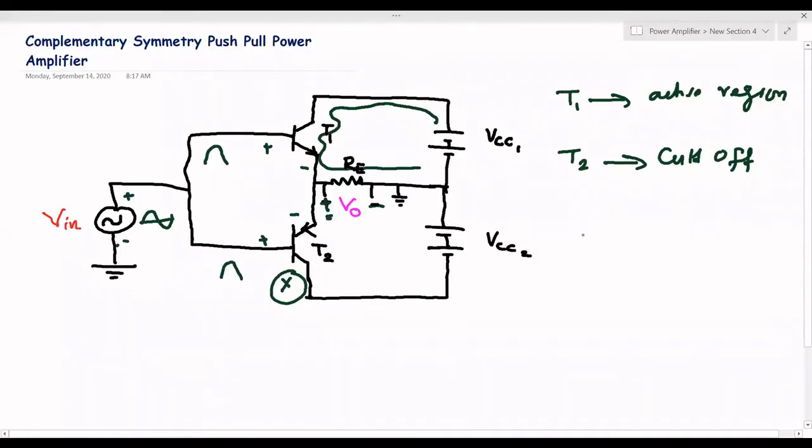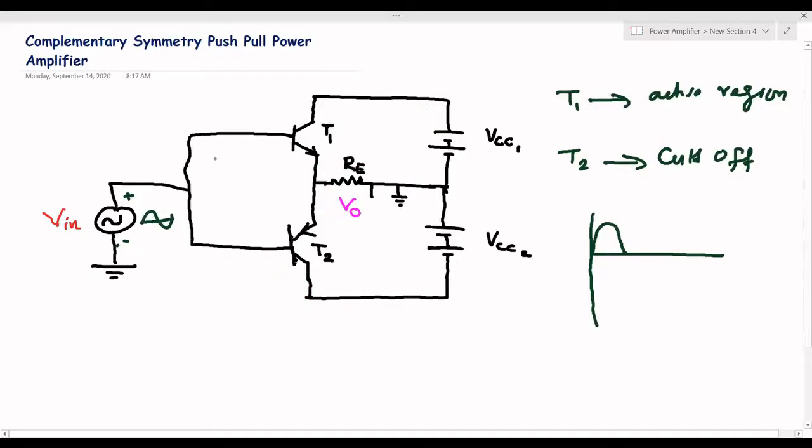So when the input is going positive, the output across the emitter resistance is also going positive. There is no phase difference between the input and output because it is an emitter follower. Input and output are in phase. The emitter follows the input, but the current gain of the amplifier will be very high.